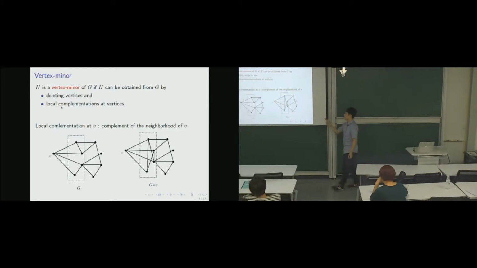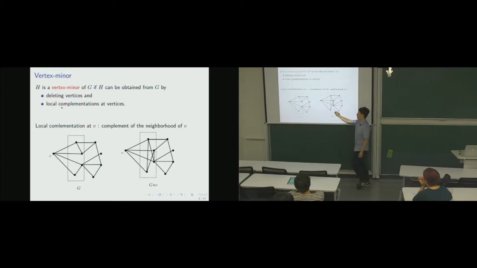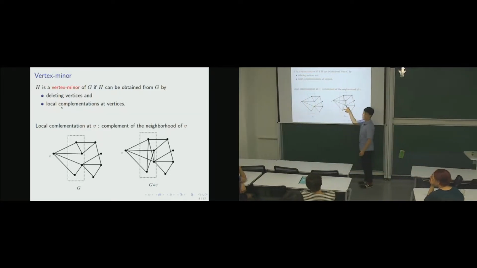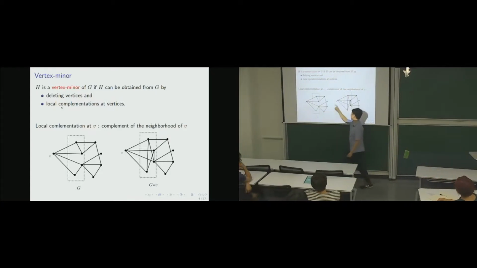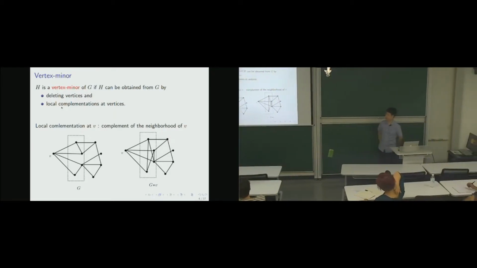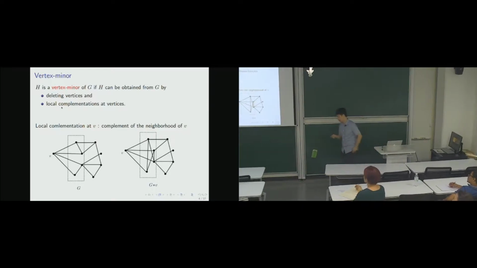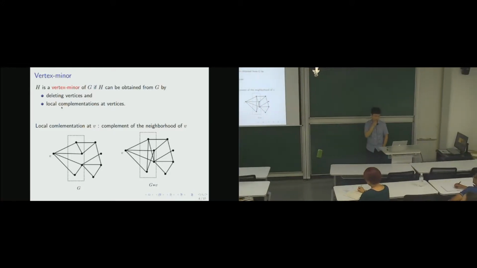To take a local complementation, you look at the neighborhood of v, and then you swap the adjacency relation inside the neighborhood. Previously, if you had an edge between two neighbors, you remove the edge in the resulting graph, and if there was no edge between them, then you add an edge. This is an operation called local complementation, and you only allow these two operations to take a vertex-minor.